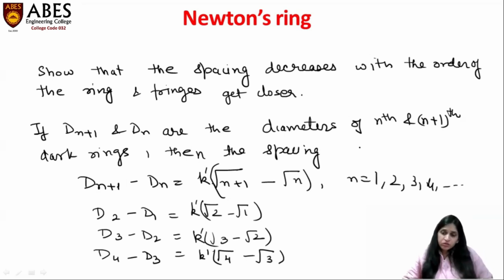And practically also, you would have seen this when you perform the Newton's ring experiment in the lab, the rings that are not exactly at the center but in the far order are more close to each other. So that practical situation is shown here with the help of theory.